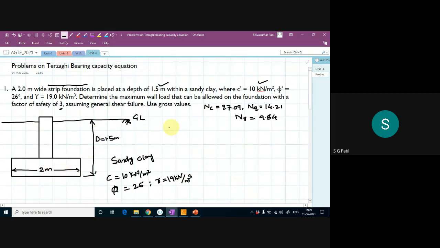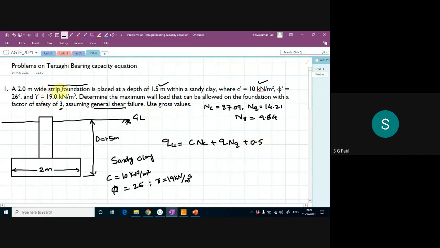They are asking you to assume it as a general shear case. What is the formula for Terzaghi's bearing capacity equation for the general shear case? That is q ultimate is equal to cNc plus qNq plus 0.5 gamma B N gamma. Why is it 0.5?